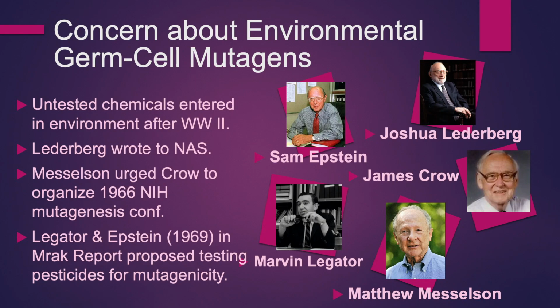Marvin Legator and Sam Epstein in '69 were the first to make sure that in a US federal document, called the Barak Report, named after the chair of the committee, they proposed that pesticides be tested for mutagenicity. This is the first time that a proposal for testing compounds for mutagenicity appears in a federal document. And it was very important, and this was all engineered by founders of our society, in this case, Legator and Epstein.